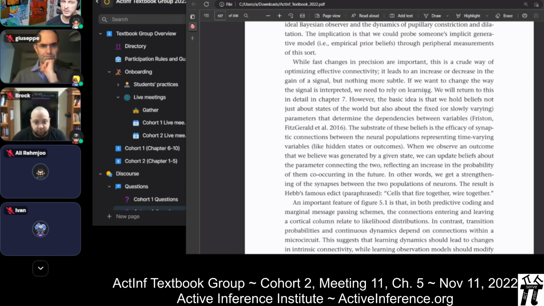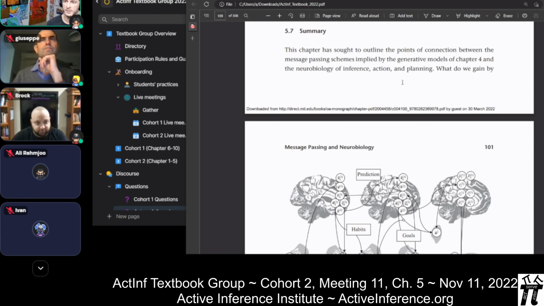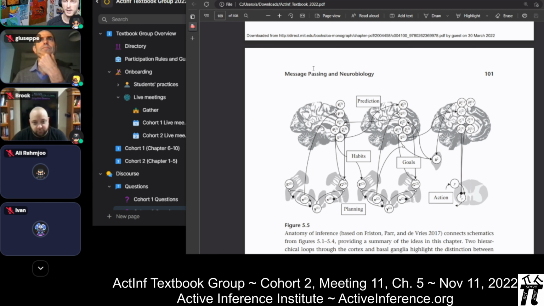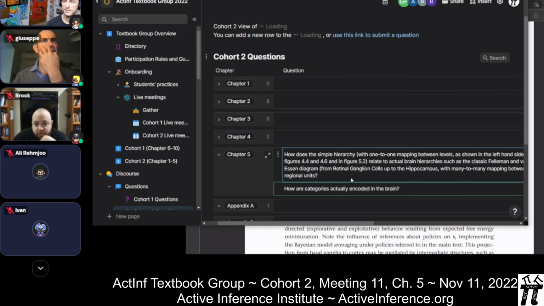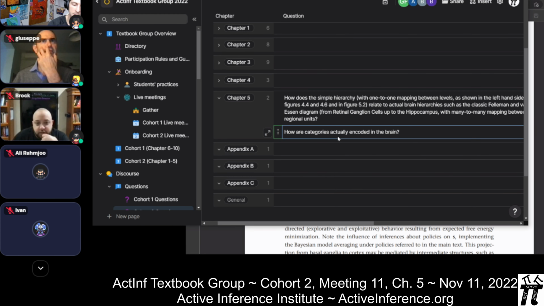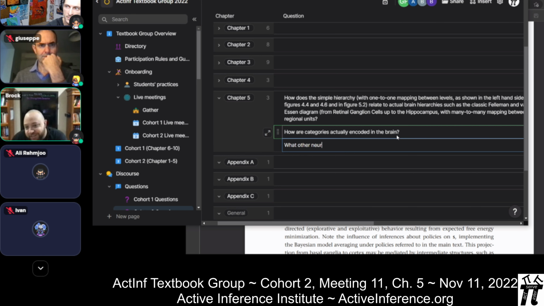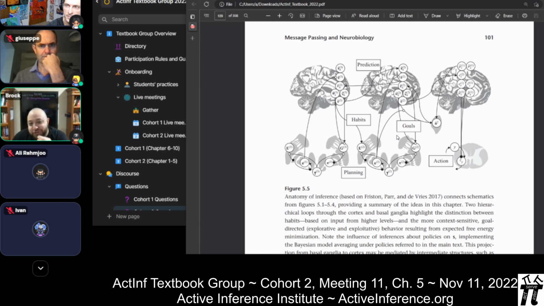What other neural systems or behaviors are people interested in modeling? There's always planning, but also in that diagram behind the window there, there's goals. Goals, yeah. Where did those come from?